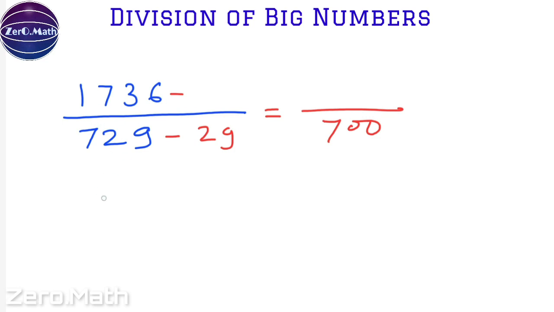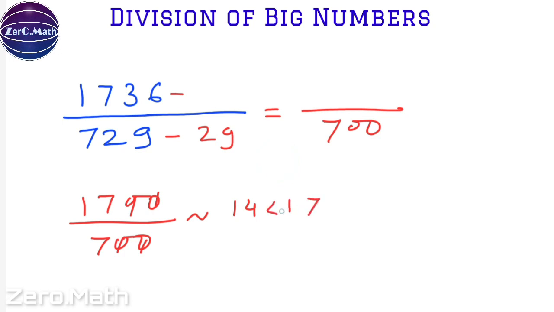So if I find the approximate value of 1736, it would be 1700, and the approximate value of 729 would be 700. So 1700 by 700 would be somewhere between 2 and 3, because 7 times 2 is 14 and 7 times 3 is 21. So 17 falls in between 14 and 21.